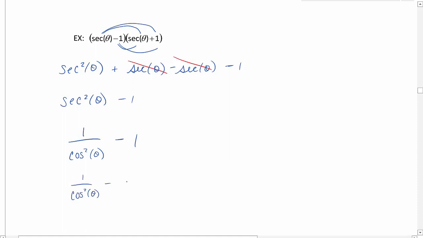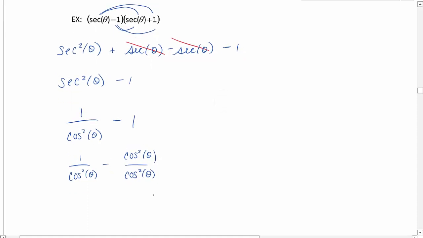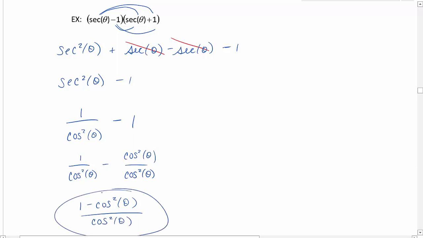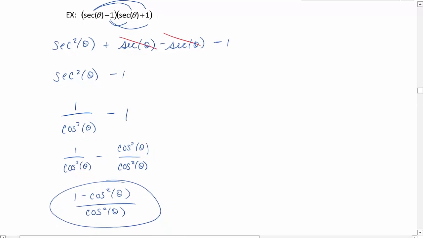So this becomes minus cosine squared over cosine squared, which then gives us 1 minus cosine squared all over cosine squared. So that's one good option.